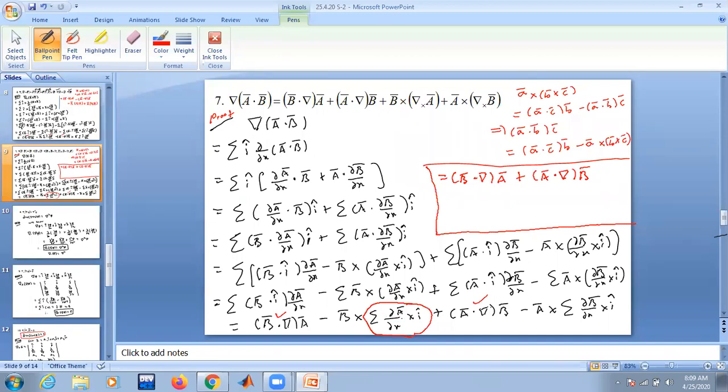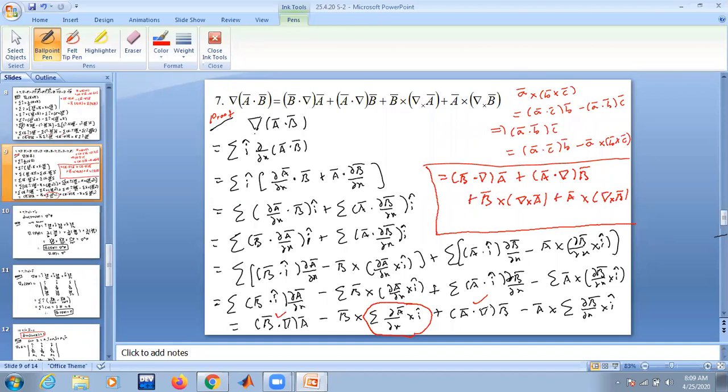This is minus curl A. When you change the order, you have to multiply with minus, no? So minus into minus is plus B × curl A. Here also if I interchange the order, minus into minus is plus A × curl B. Is it okay?